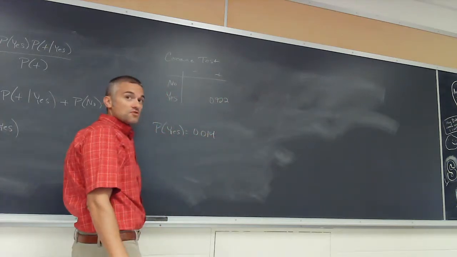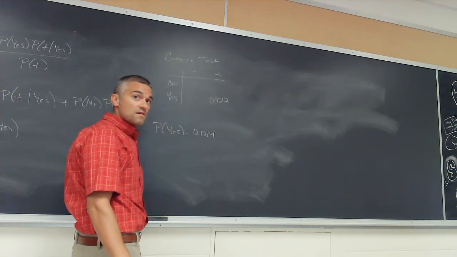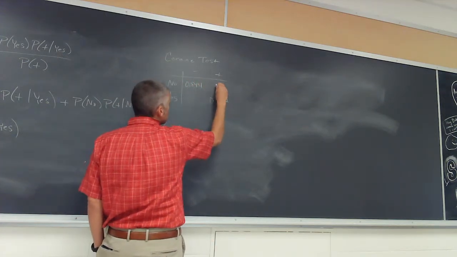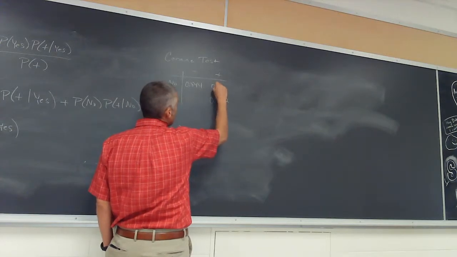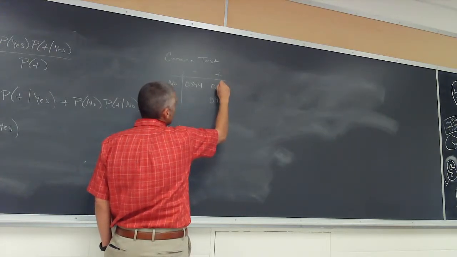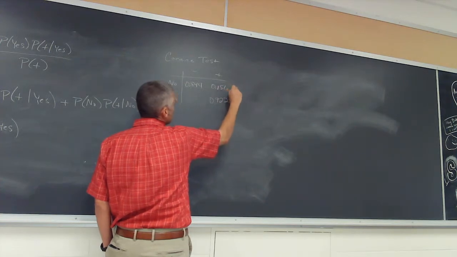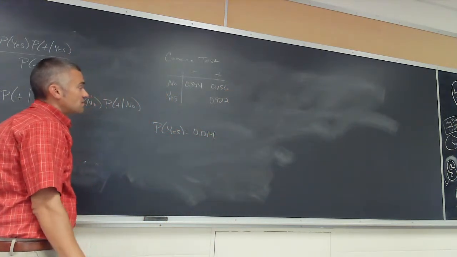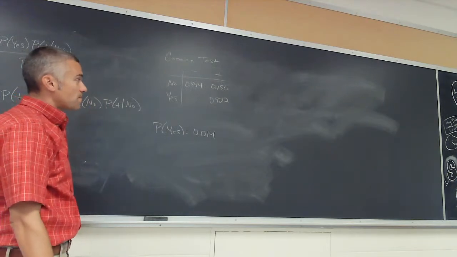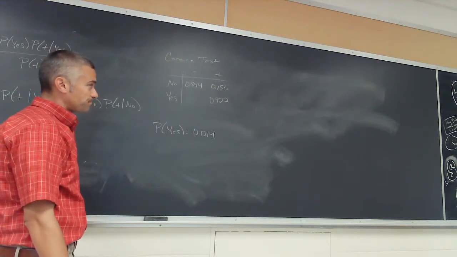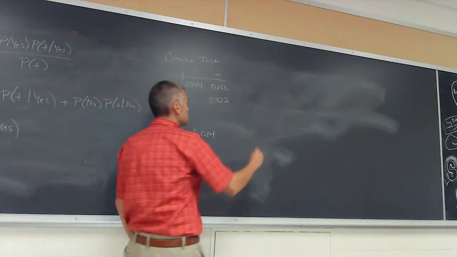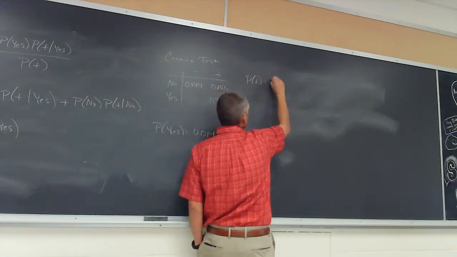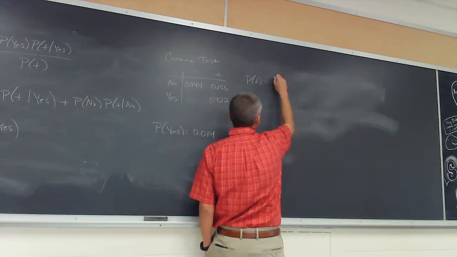And our true negatives are the specificity, 0.844, which means we have 0.156 as our false positives.